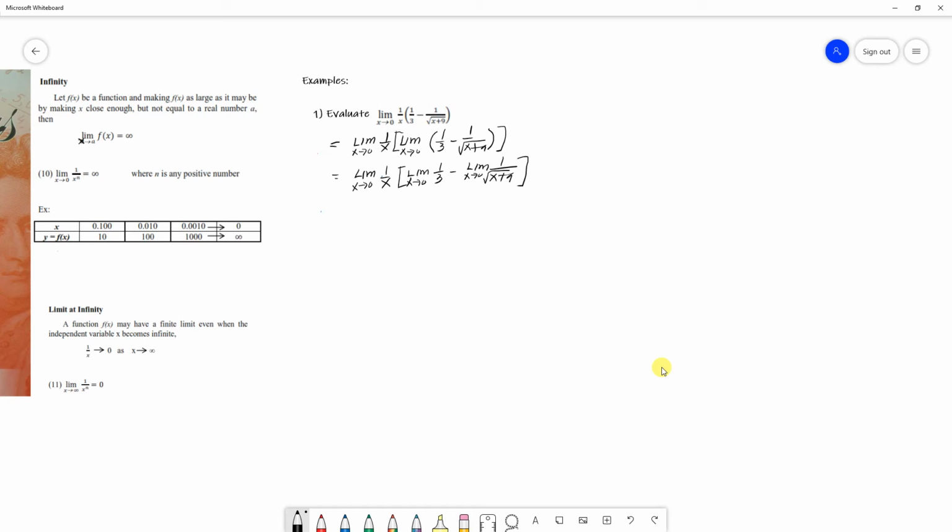So, kailangan alam natin yung basic rule or theorems rin ng limits. Okay, now, on the first function, this one, so pwede na natin i-apply yung theorem number 10. Now, limits of a function of 1 over x, where x approaches to 0 is actually already infinity na siya.